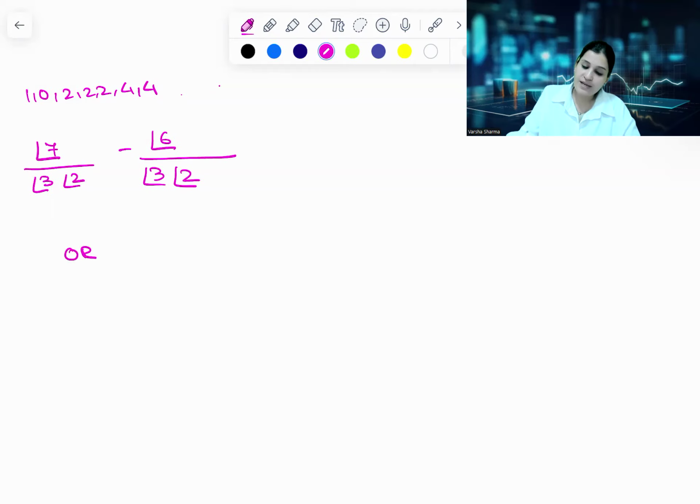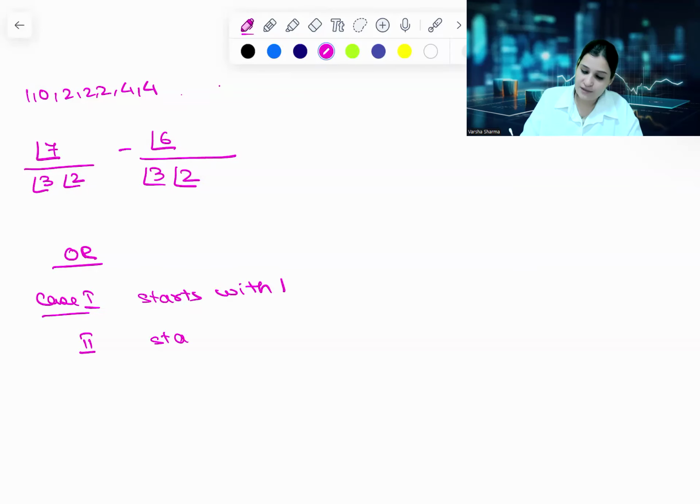Or what we can do is case 1, starts with 1. I can't do them together because there is a repetition. Case 2, starts with 2. Case 3, starts with 4. There is no 4.